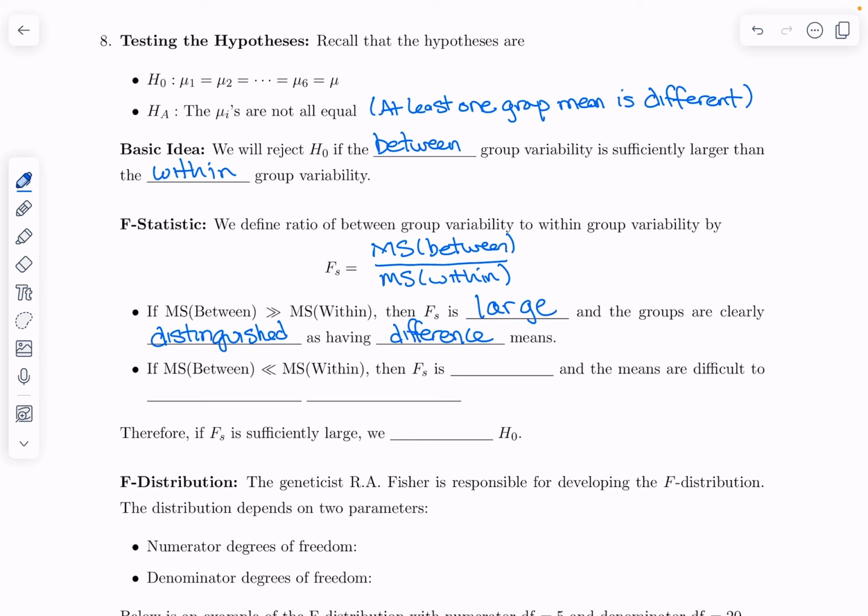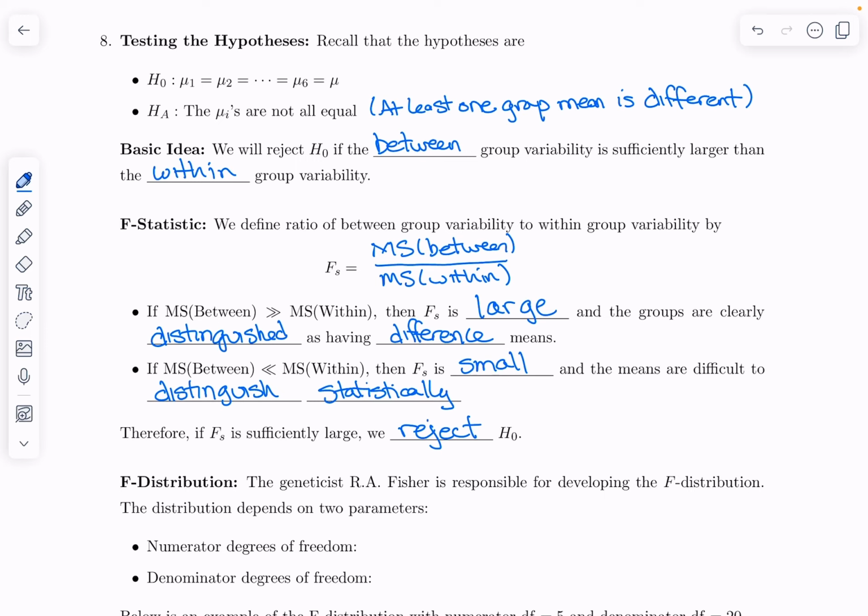It's going to tell me that I have clearly distinguished groups. But if the mean square between groups is much less than the mean square within, then my F statistic will be small, and the means will be difficult to distinguish statistically. Okay, so therefore, if our F statistic is sufficiently large, we're going to reject the null hypothesis, because a large test statistic tells us that our groups are clearly distinguished.